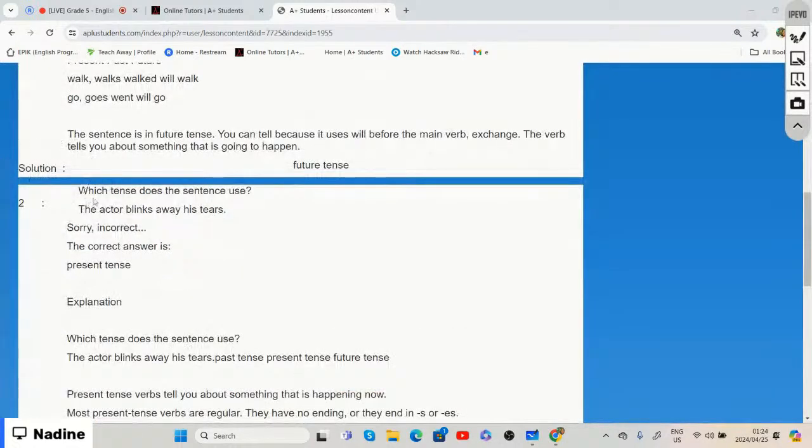Which tense does the sentence use? It says the actor blinks away his tears.